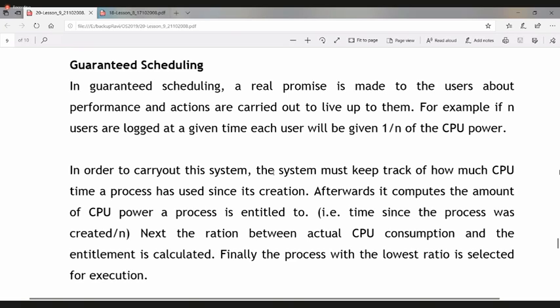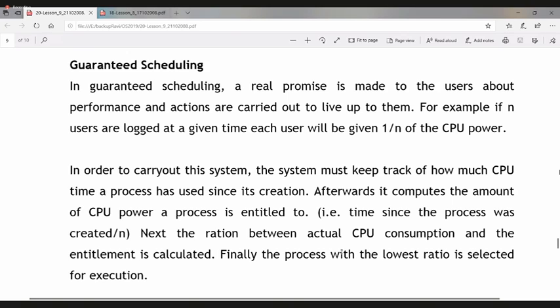In order to carry out this system, the system must keep track of how much CPU time a process has used since its creation. So you have to maintain the history. Afterwards, it computes the amount of CPU power the process is entitled to: time since the process was created, divided by n.